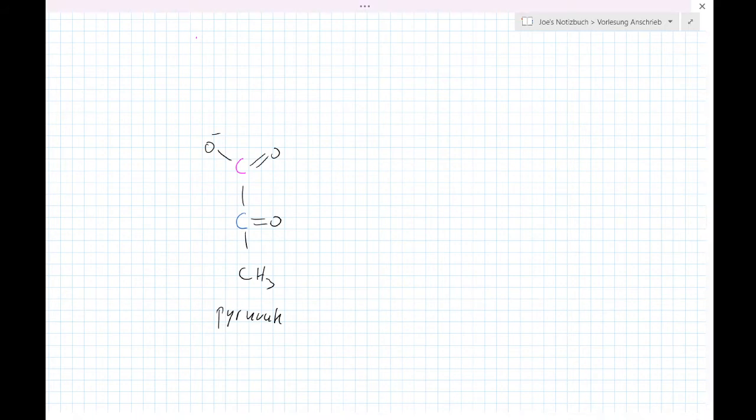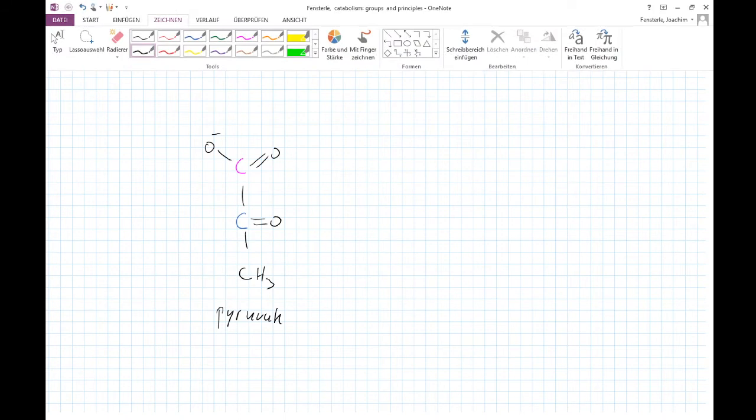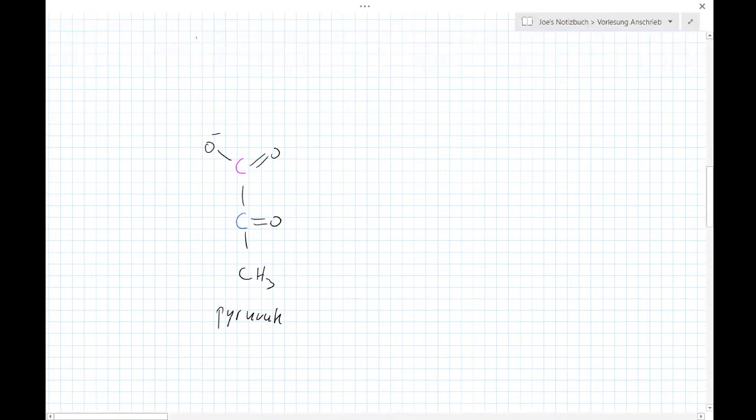Okay, so let's start with the molecule of pyruvate, and of course you remember that it has 3 carbons. So this is of course pyruvate. And if we now look at the oxidation numbers of the carbons, we have here a methyl group. We know this is -3.